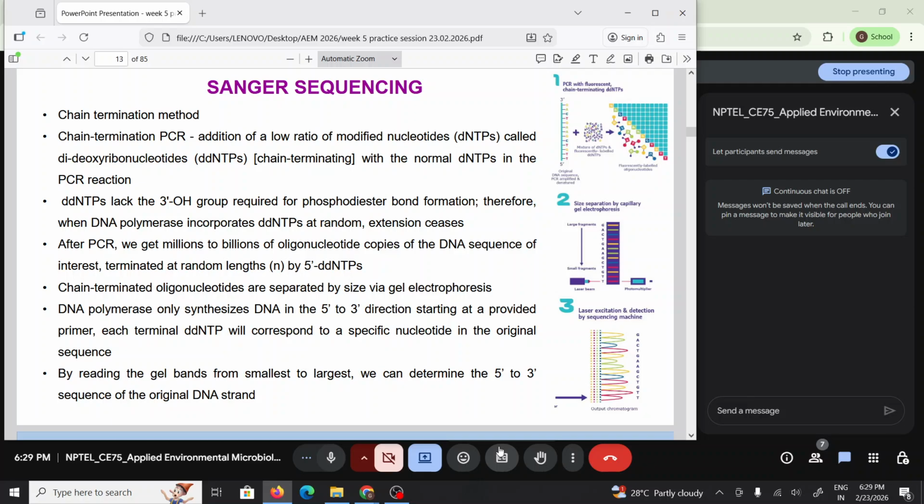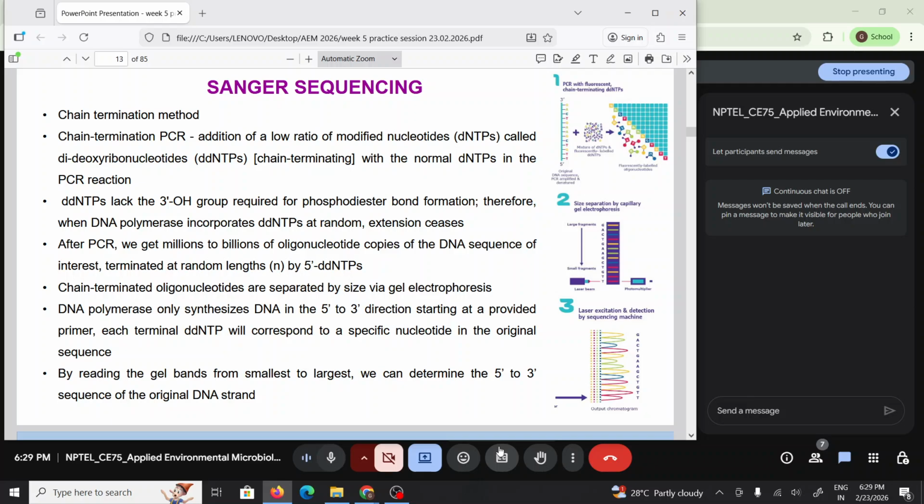They separate based on wherever they stopped, right? And then you can find the pattern, and we can read the gel and figure out the sequence of the DNA. So this is how Sanger sequencing works, and this is one of the very basic sequencing techniques.